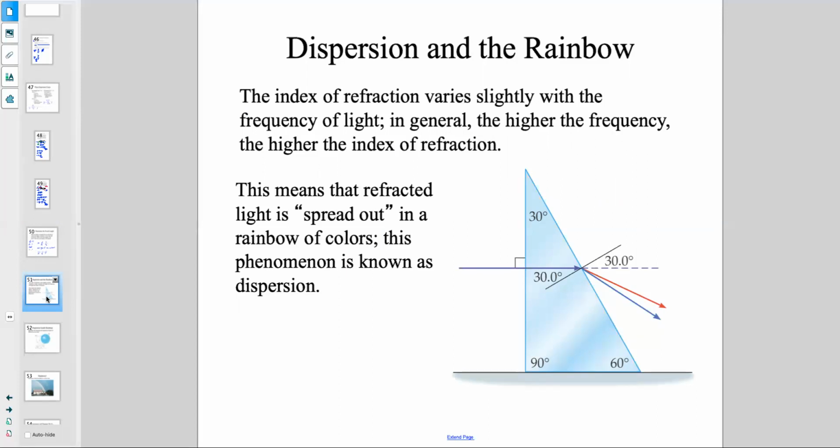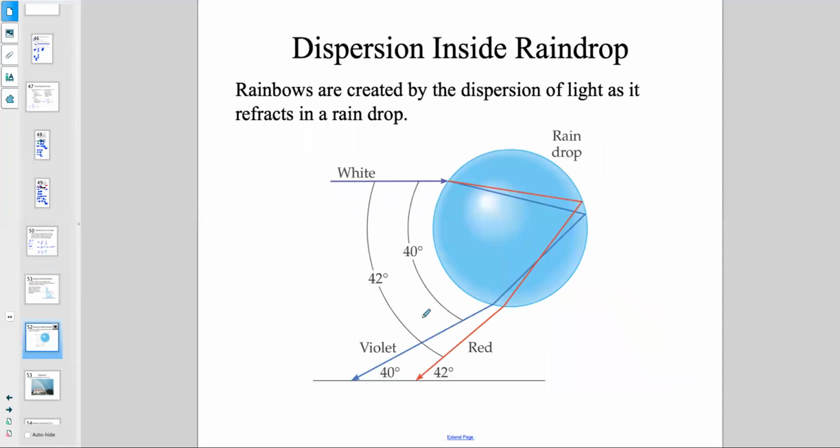One would be slightly lower than the other, so that's why you can see the whole range of the white light, from the violet, or blue, to red. This is exactly what's happening inside a rainbow.